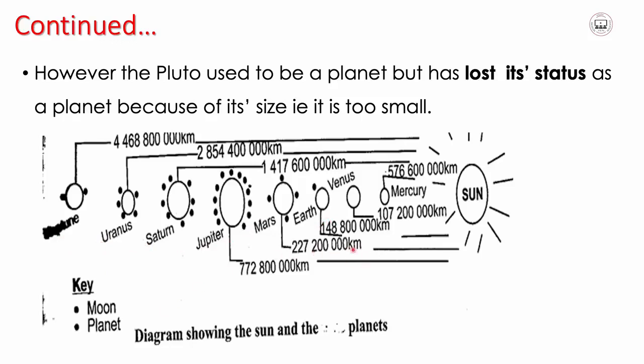Some of the planets are surrounded by moons, and there are also smaller planets. The Earth is surrounded by one moon.